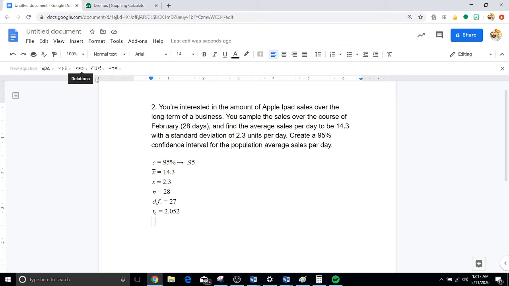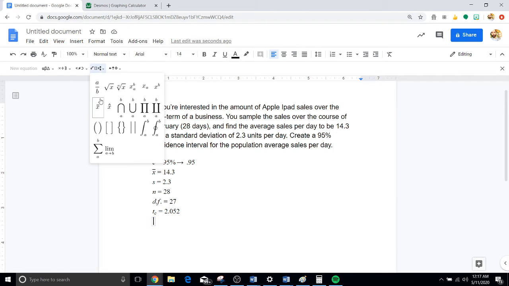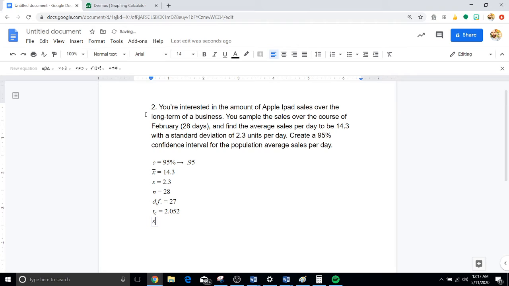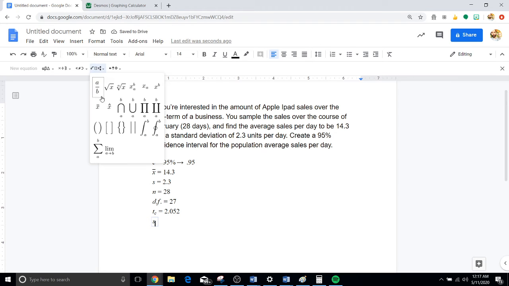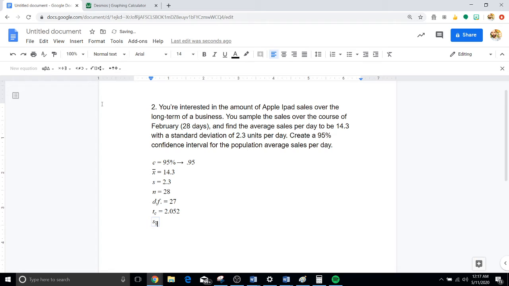So S of x bar is equal to, remember our standard error is going to be standard deviation divided by the square root of n. So let's go ahead and make a fraction. Standard deviation is going to be S divided by the square root of n. And this is getting really small, so let's actually make everything just nice and big for you all.